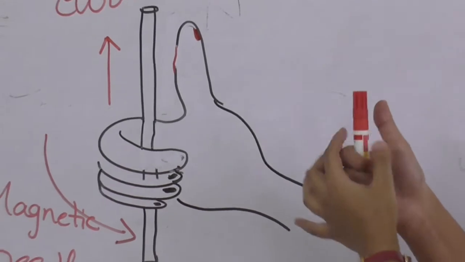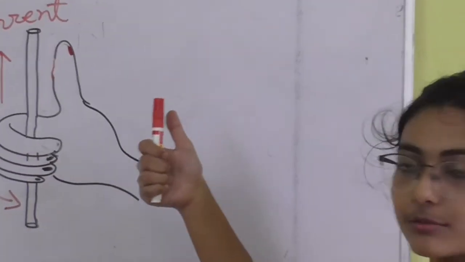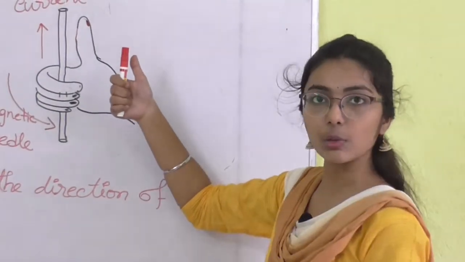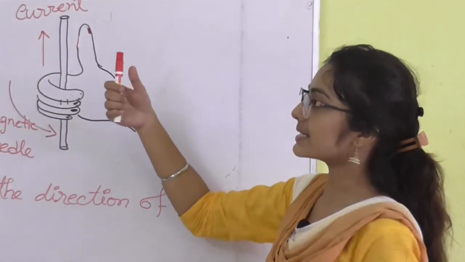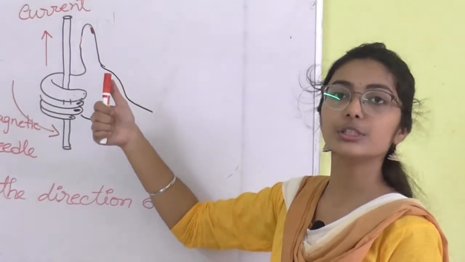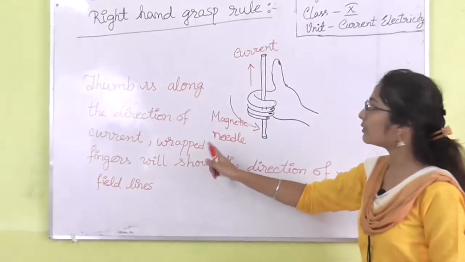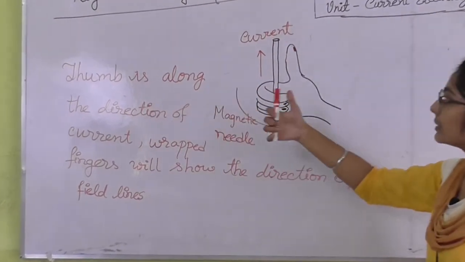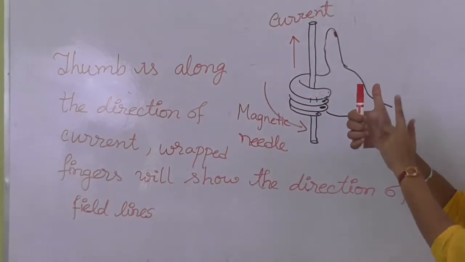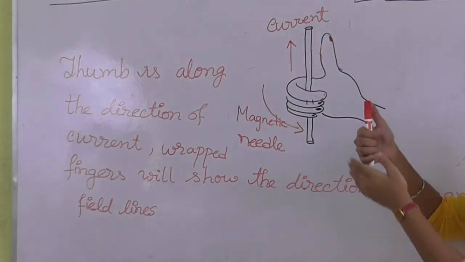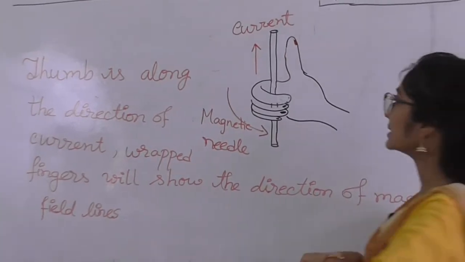This is the conducting wire and current is flowing from below to the upper side. Then my wrapped fingers denote the magnetic field. So if the direction of flow of current is along my thumb, then the direction of magnetic field lines will be like the wrapped fingers.